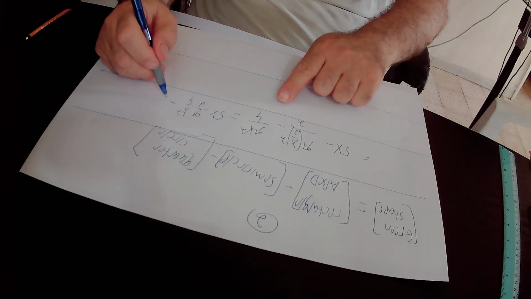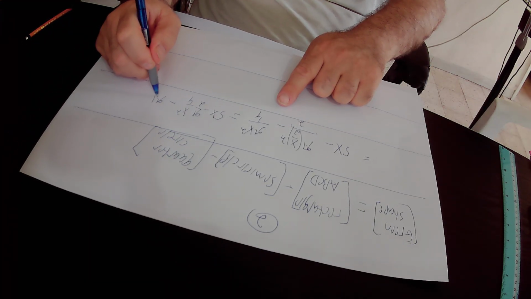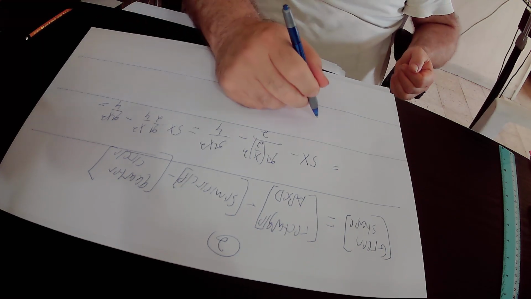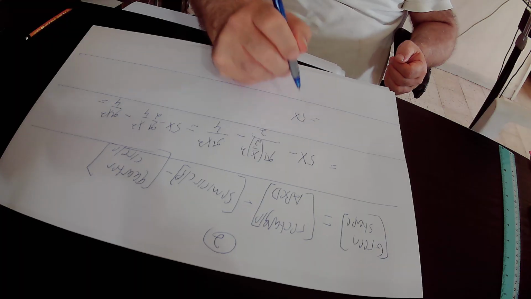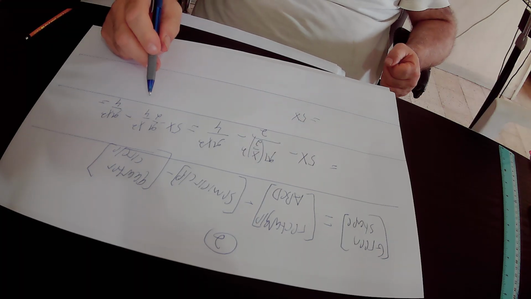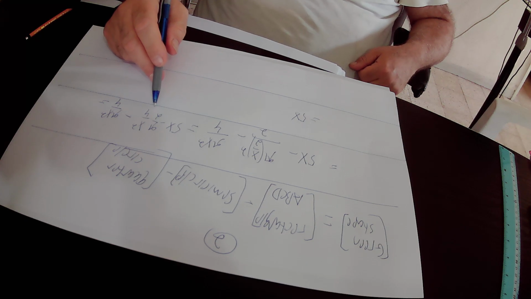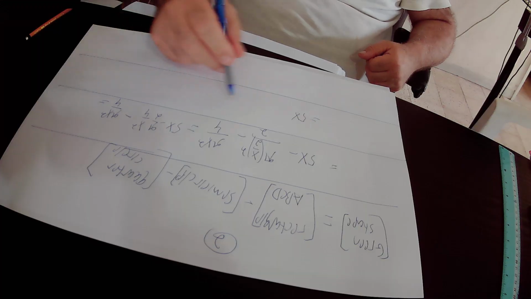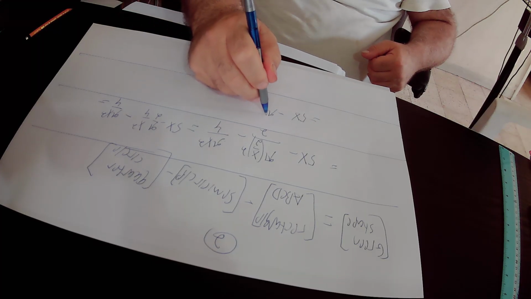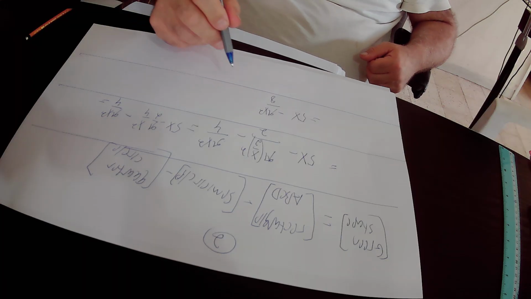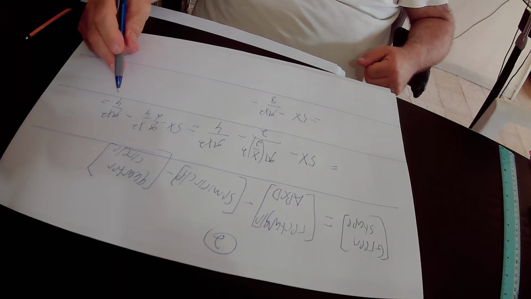And then also minus pi x squared over 4.